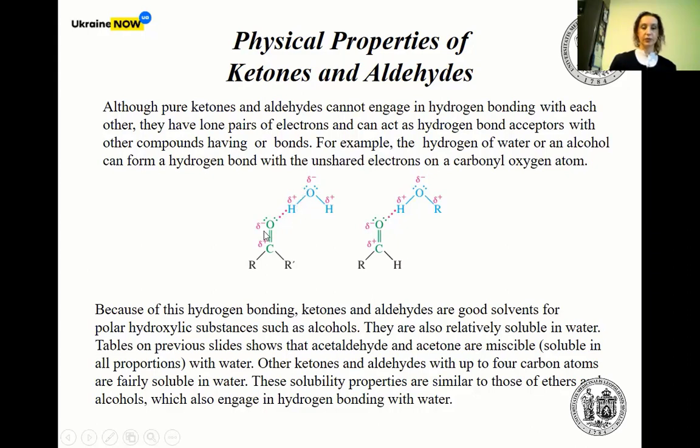And here is the possibility for the formation of a hydrogen bond between the aldehyde or ketone molecule and the water molecule. That is the reason why lower aldehydes and ketones are miscible with water, water soluble, but if we have a longer R, then they are not miscible with water. The reason is in this hydrocarbon chain.